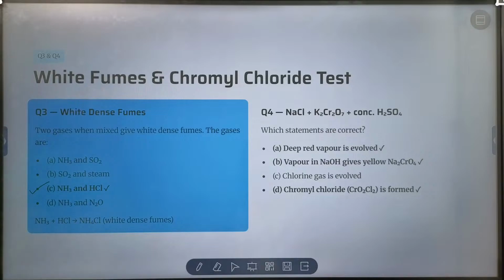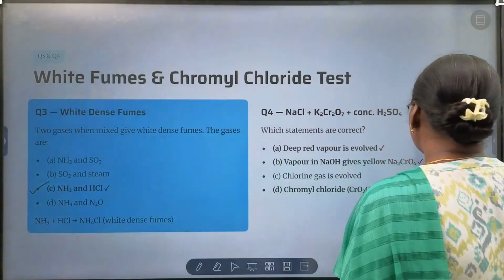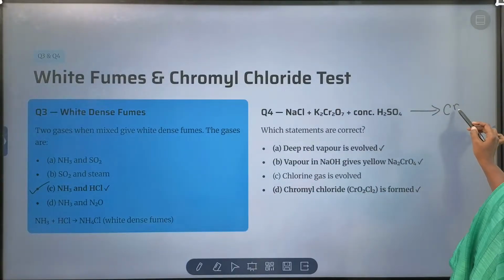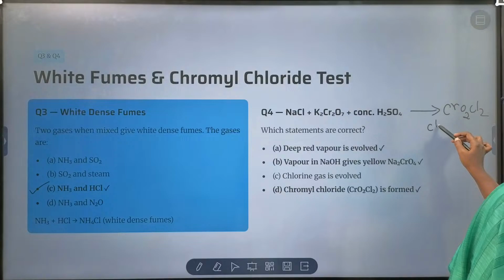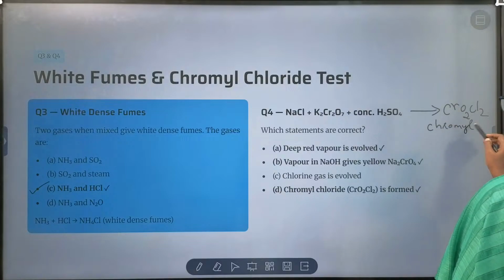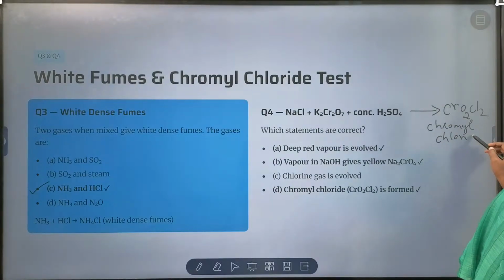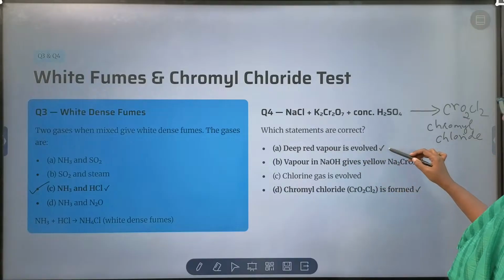So next question. NaCl, that is a salt solution you have, and you are mixing that with potassium dichromate and concentrated sulfuric acid. Which statement is correct? So now, that is what we learned as the chromyl chloride test, right? When you mix that with potassium dichromate and concentrated sulfuric acid, you get chromyl chloride, CrO2Cl2, which is a deep red vapor.